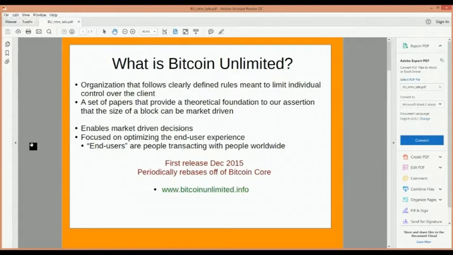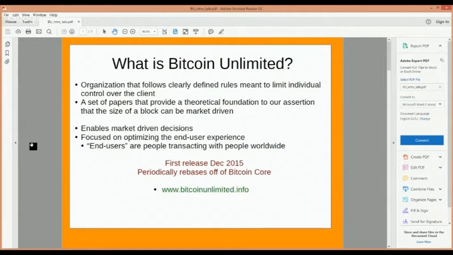So really, Bitcoin Core with the majority of nodes is not this decentralized ideal. It's actually an oligarchy of a couple of core committers.